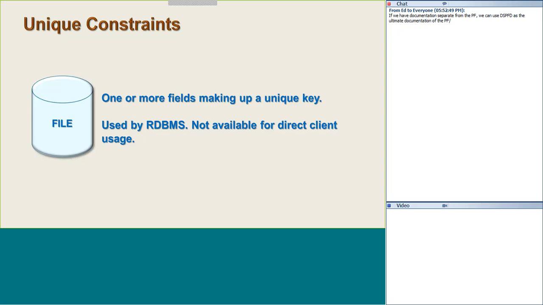They help you make sure that records don't duplicate on certain fields. They allow you to use them for relational constraints. I will be showing you quite a bit of that just now. But they are RDBMS internal constructs. It cannot be used by RPG.